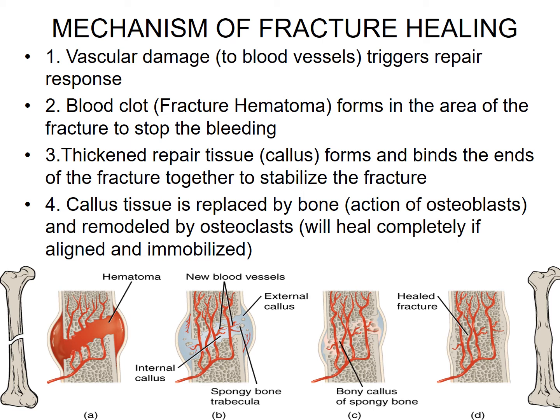And what that does essentially is it cuts off the blood supply to the damaged area, killing all of the bone cells in that area. So not only is the bone broken, but the bone cells remaining in there begin to die due to this hematoma.